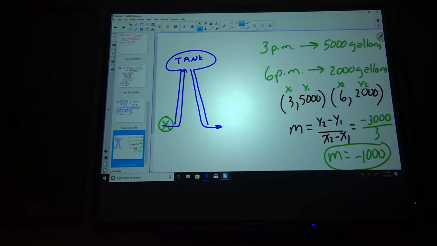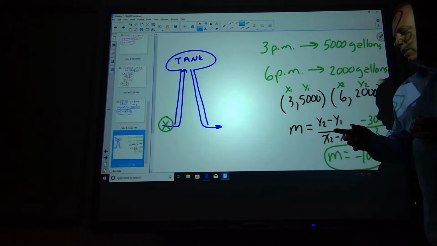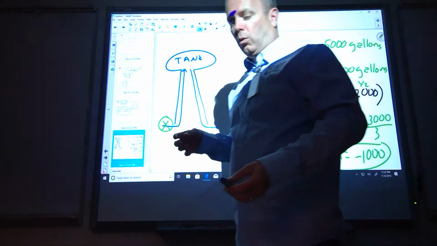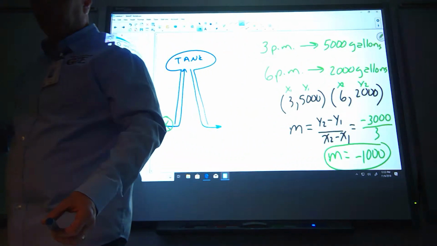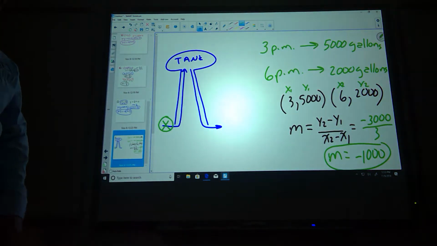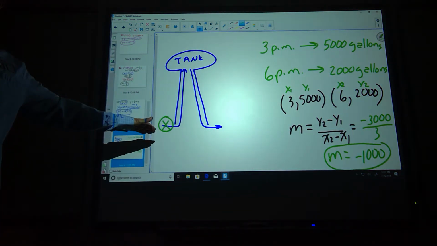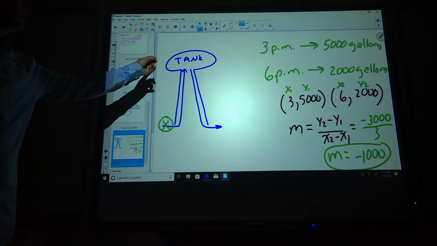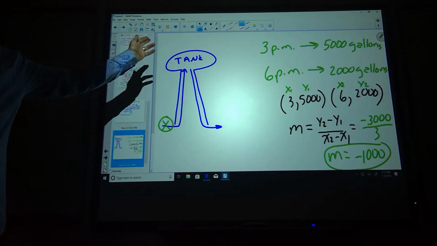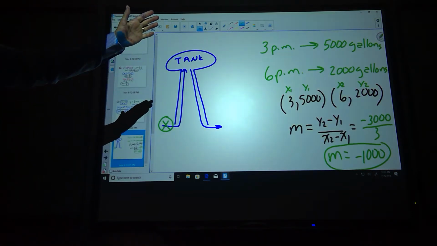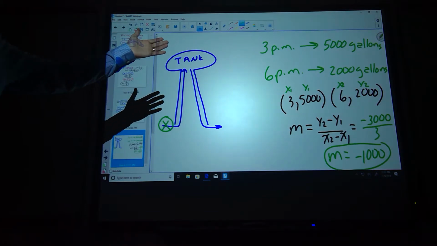Is that okay? Now, I don't know if this would be a huge problem. People would be calling, going, hey, Mac, you got a problem on tank 3. But this could be something that we could easily work on. Okay? So a water tower, someone turned off the valve. I don't know who. The tank had a reading at 3 o'clock that had 5,000 gallons in it, which is what it should have, maybe, I don't know.